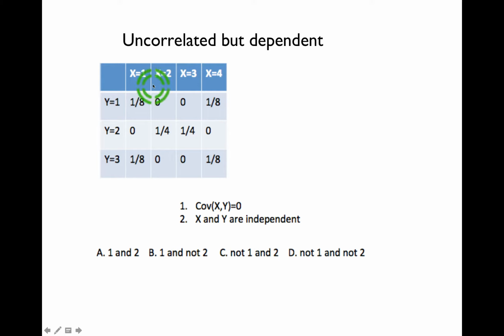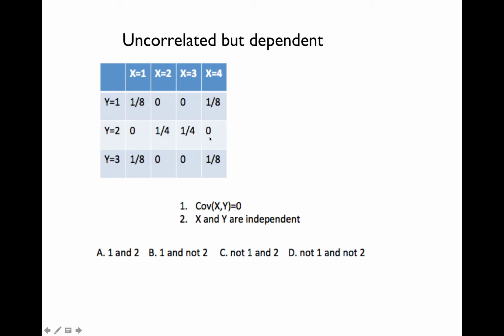Okay, so the next case, which is the interesting one, is where we have no correlation, but the two variables are dependent, right? So you can check that indeed the covariance here and the correlation coefficient is 0, but these are clearly dependent because these zeros would not be there if they were independent.